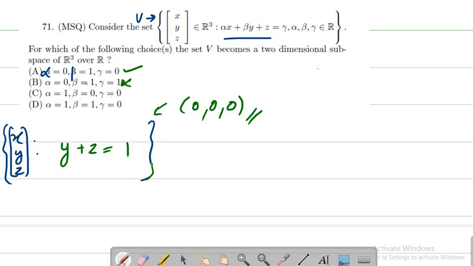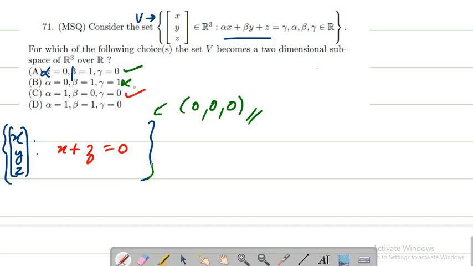And if you go for the third option, that is option C, you will be getting something like alpha is 1, so x plus beta is 0, so here it becomes 0 plus z equal to 0. So it's similar to this first case. So this is actually another plane, so it will also pass through the origin.